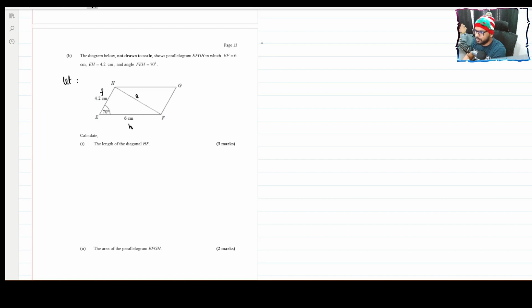So I'm going to say, using the cosine rule, e squared is equal to f squared plus h squared minus 2fh cosine of capital E. So e squared is equal to f squared plus h squared minus 2fh cosine of 70.